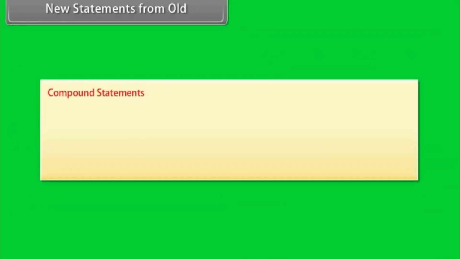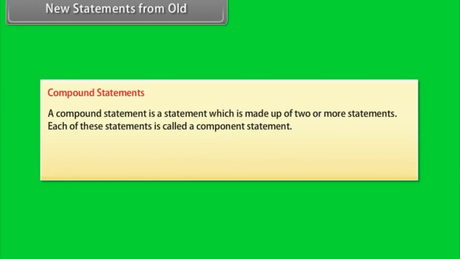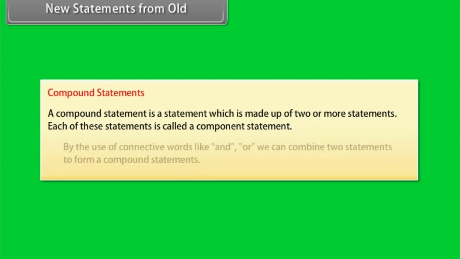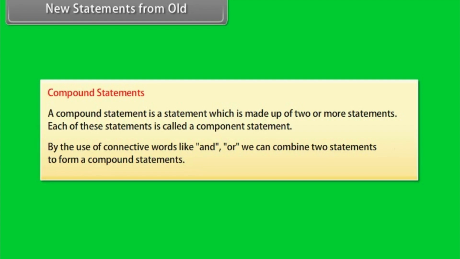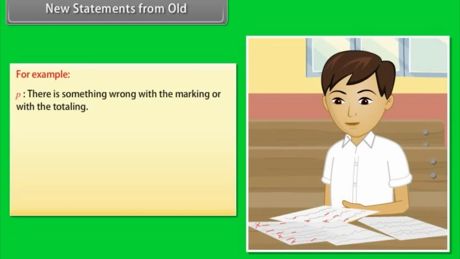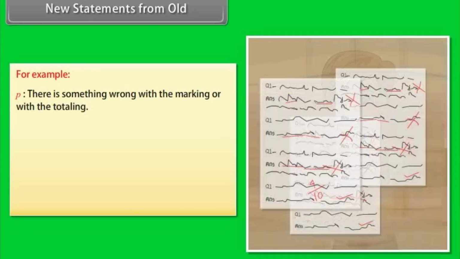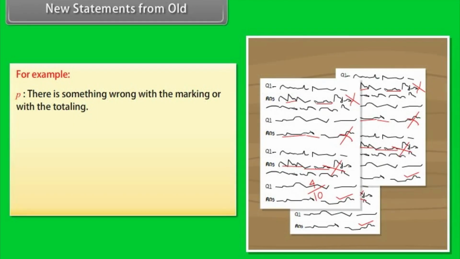Compound statements. A compound statement is a statement which is made up of two or more statements. Each of these statements is called a component statement. By the use of connective words like and, or, we can combine two statements to form a compound statement. For example, p is a statement that there is something wrong with the marking or with the totaling.